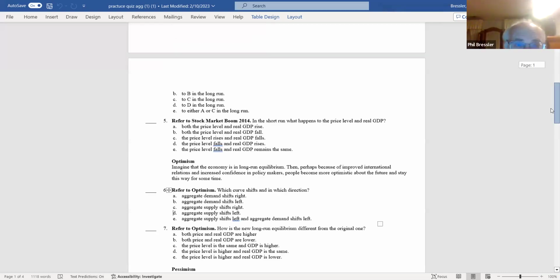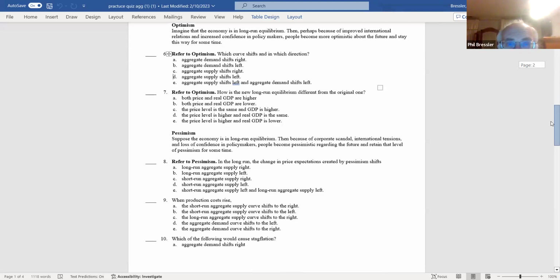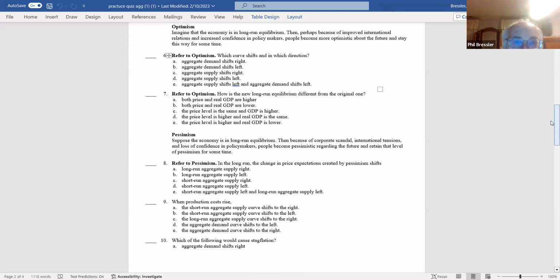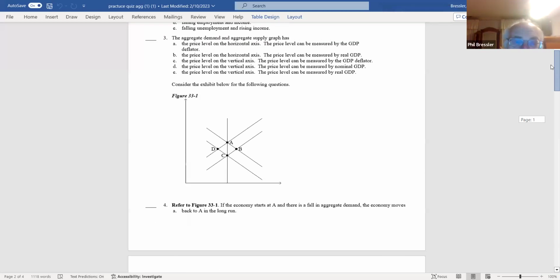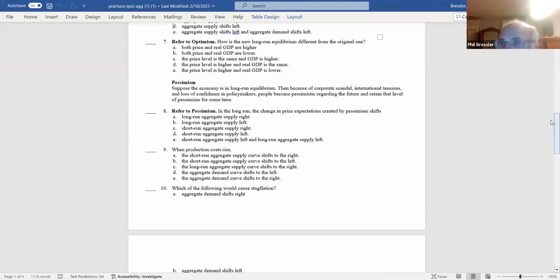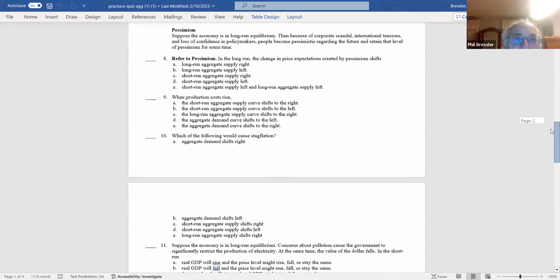Let me go back to my pessimism. In the long run, the change in price expectations created by the lower wages is C, short run aggregate supply to the right. Okay, let's remember, I started at A, pessimism shifted demand to B. Because of lower wages, I shifted aggregate supply to the right, and I got to C. So that's my pessimism in the long run.